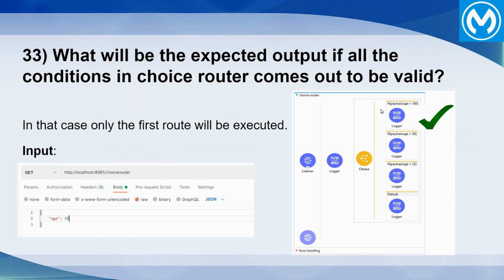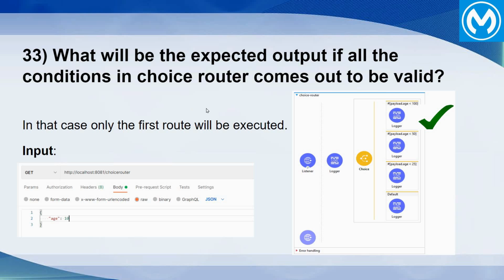If it is, then this particular route will get executed and all the other routes will be ignored. If this condition is not satisfied, the control will shift to the next route, and if it works here, all good, and it ignores the other two, and it goes on. So for this question, the answer is that only the first route will be executed.